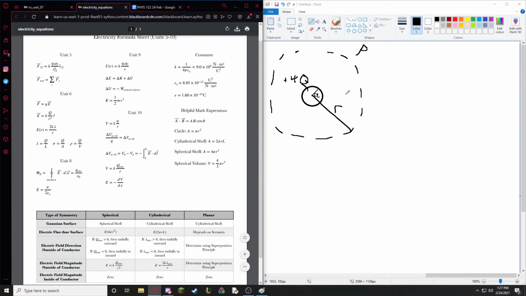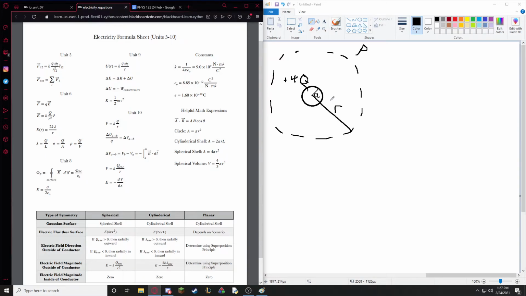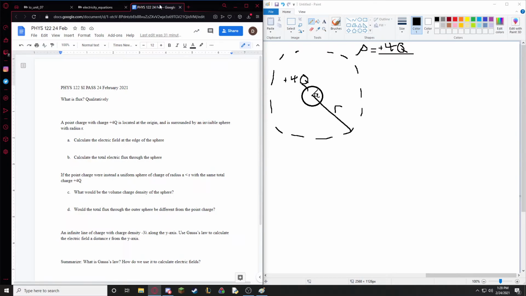Would you put the charge over the volume of the sphere? Exactly, the sphere of charge, not the bigger sphere. So we know that our volume charge density is charge per unit volume, so it makes sense that we just divide our total charge, which is plus 4q, by the volume of our sphere of charge.